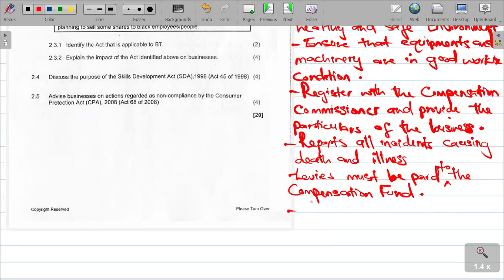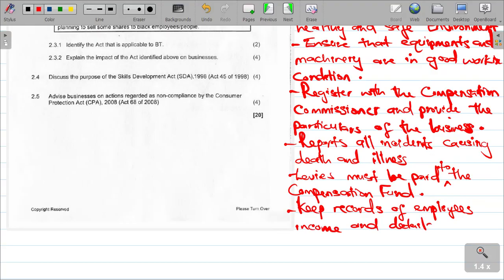They're supposed to make sure that they keep records of employees' income and details of work for 4 years.